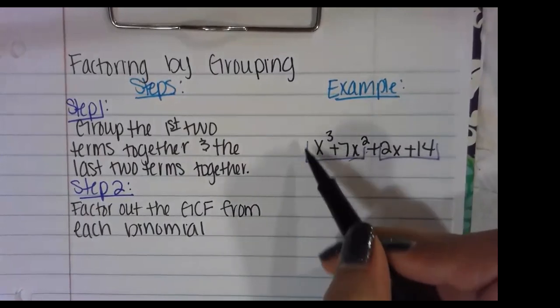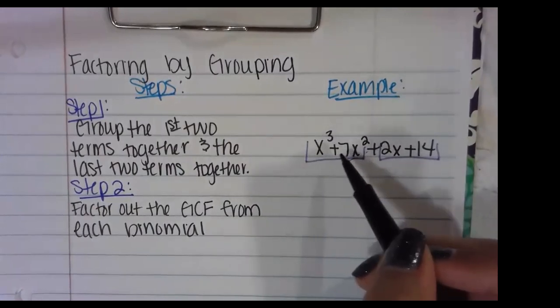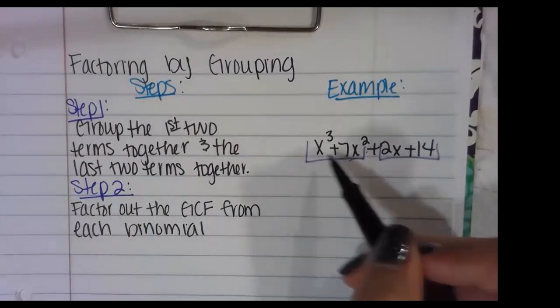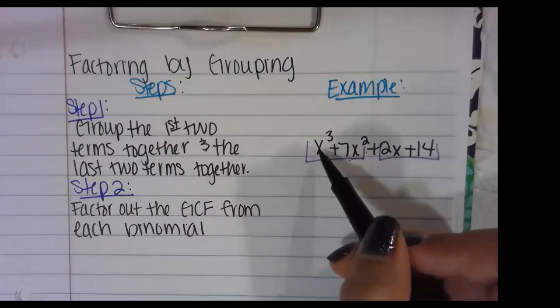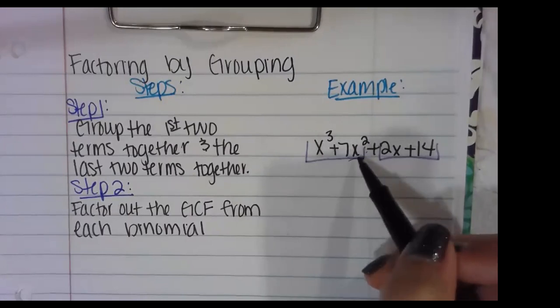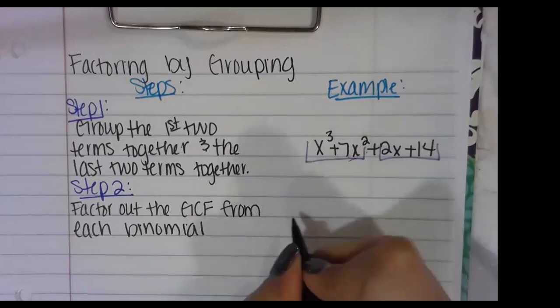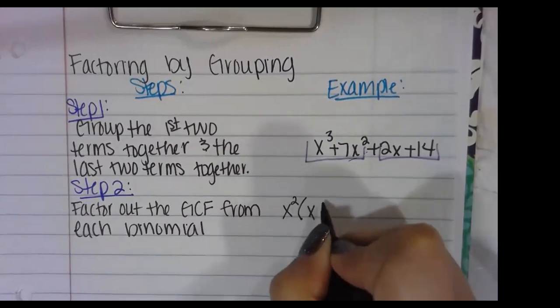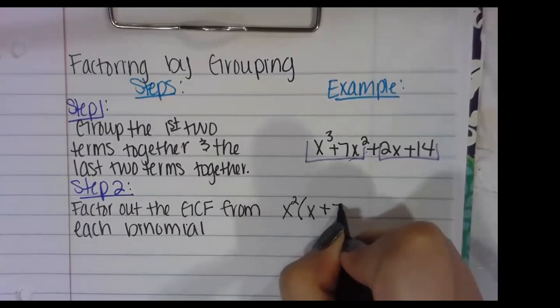So you'd look at the first group and say, okay, your leading coefficient here is a 1. 1 does go into 7, but then look at your variables. You have an x cubed and an x squared. So you take the smaller one, an x squared, and that would leave you with x plus 7.